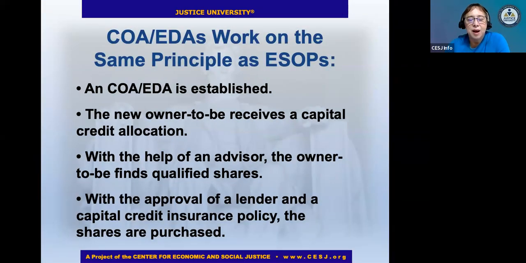How we set up the capital ownership account is very similar: you have essentially a trust for each person. That trust will be doing the borrowing, or will be the recipient of the capital credit when it is created, and it will pay off the loan from the profits of the shares it has purchased. What that does is insulate all the other property of the individual from being seized if a loan goes bad.